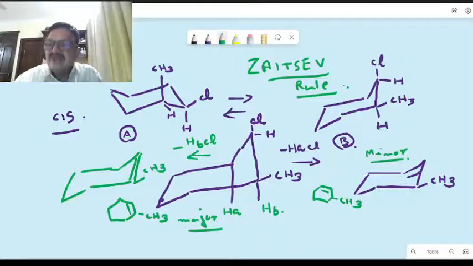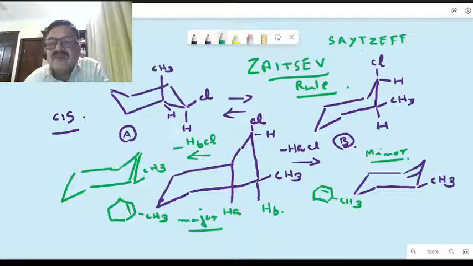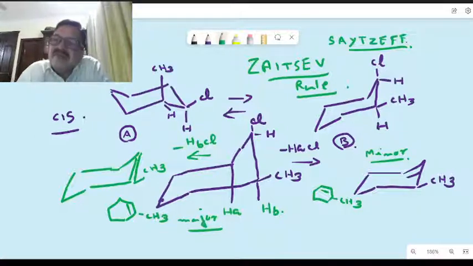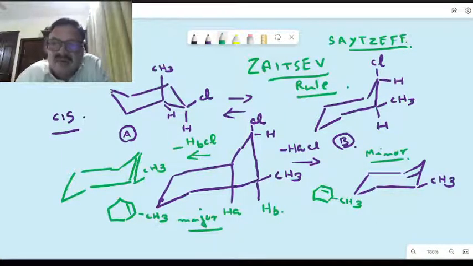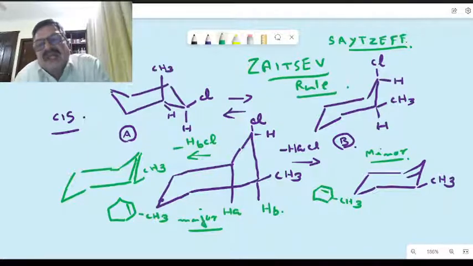The Zaitsev rule helps in forecasting which alkene will be predominantly formed. We can predict which alkene is the more likely product in this elimination reaction.